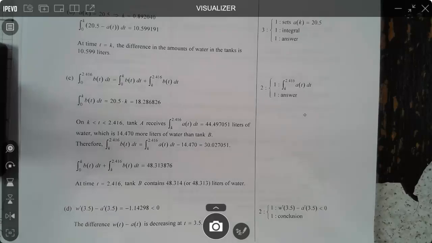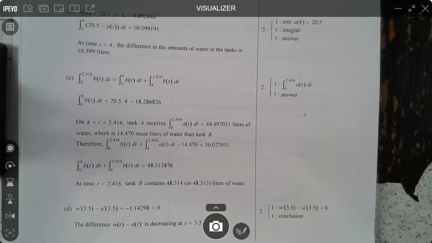Let me show you what they did. It might make more sense to y'all than it did to me. There's part C for them. A is the same thing we used right before. They will never redefine a variable on you throughout a problem like that. Right. That's why I said this one was just crazy.